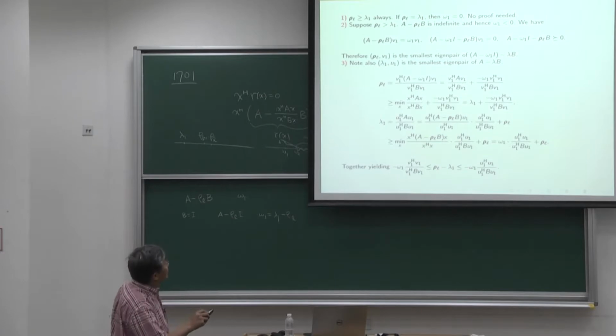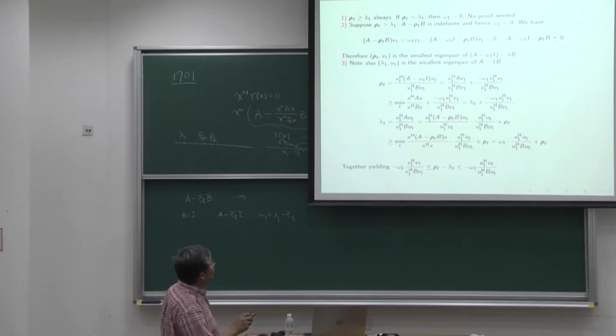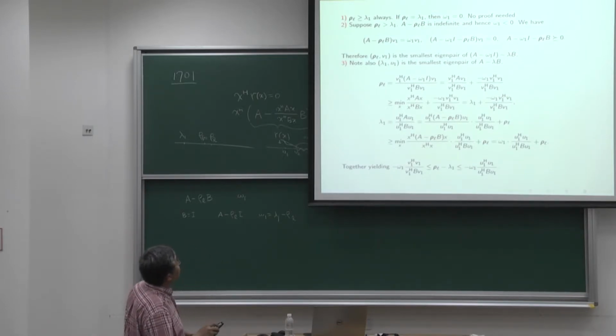So A minus omega 1 identity minus rho L B is semi-positive definite. What's the implication? The implication is that rho L is the smallest eigenvalue of that matrix pencil. You combine that together, put the rho L here, and it becomes singular. Therefore rho L is an eigenvalue of the pencil, but also the smallest. So that's the conclusion.